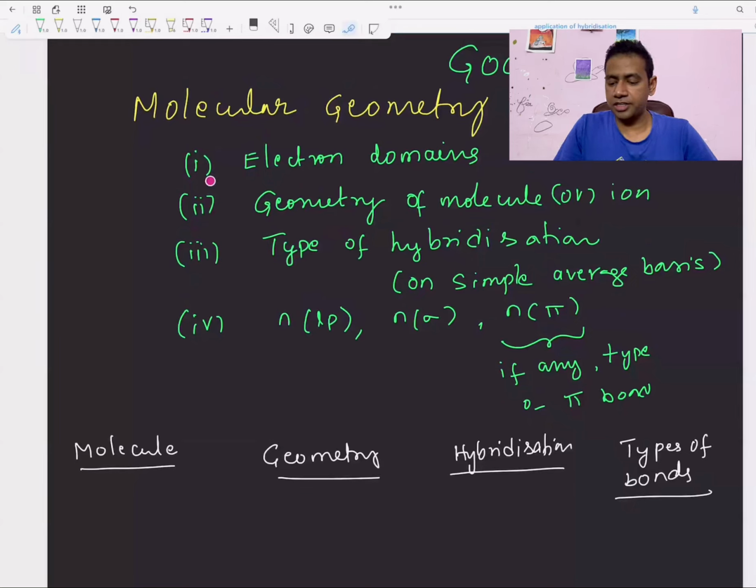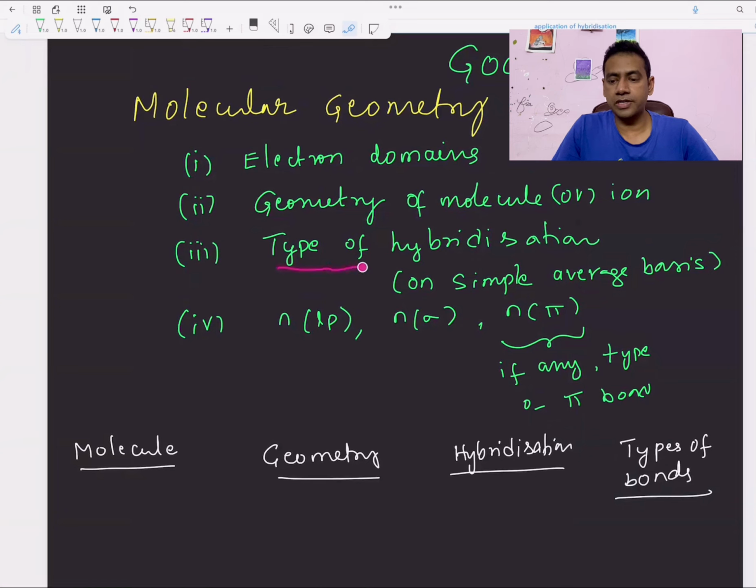We find molecular geometry. In doing so, we write electronic domains and we find out the geometry of the molecule or ion. Likely in today's class, we take only one central atom type.